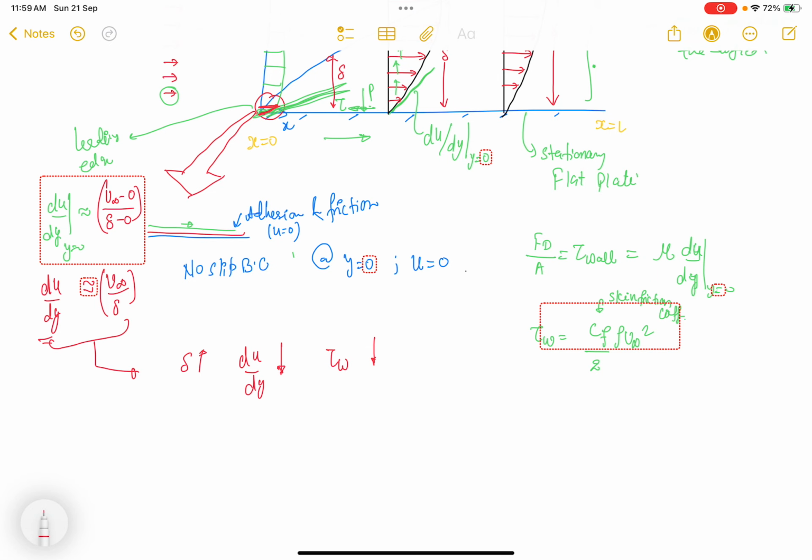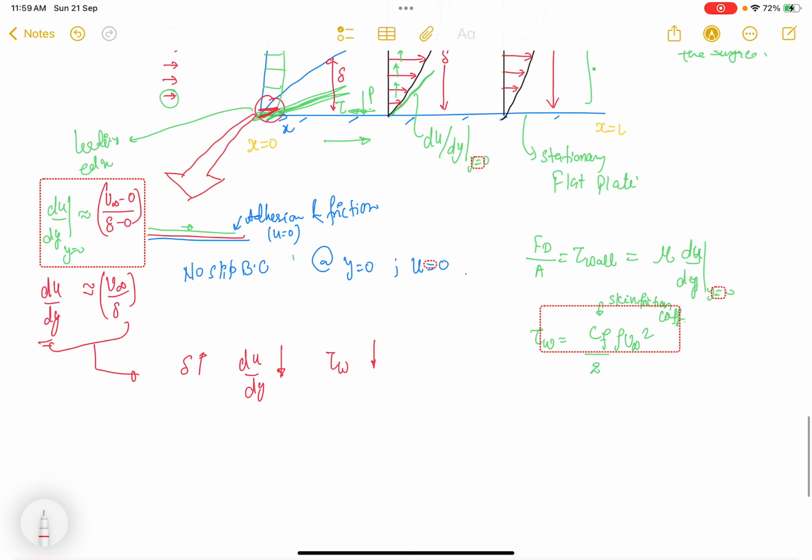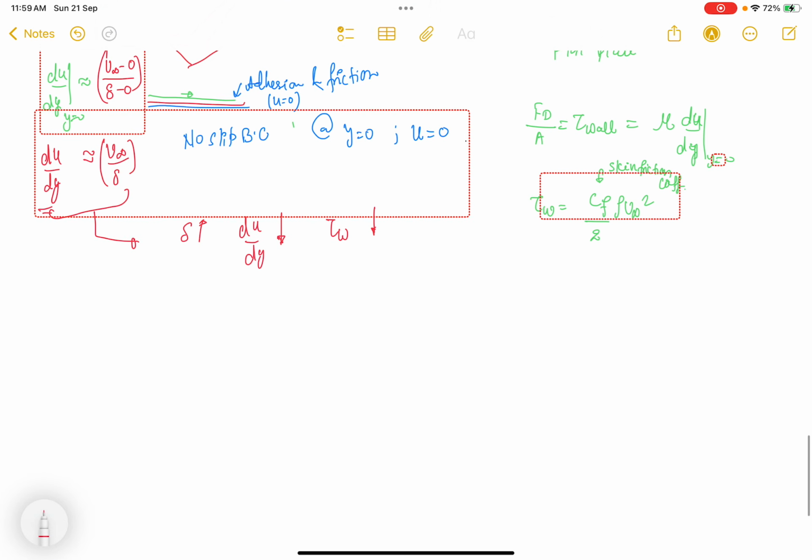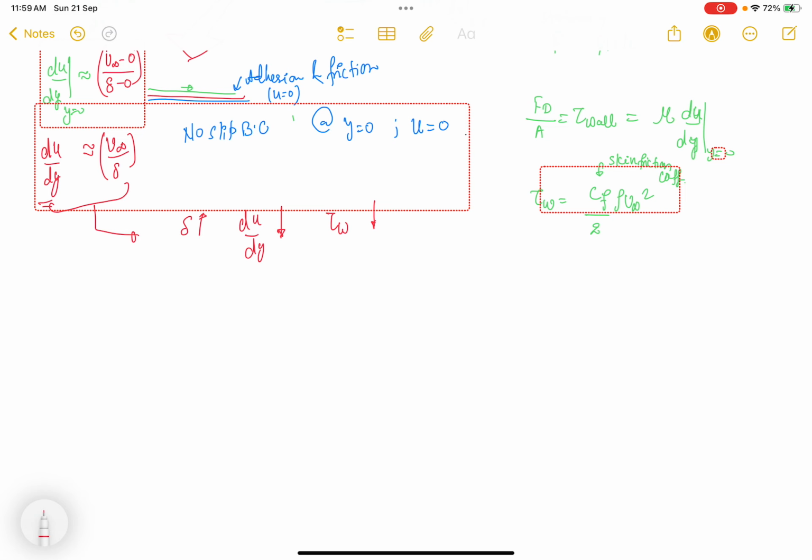The highest shear occurs at the leading edge of the plate. Moreover, if we increase the flow velocity, the velocity gradients are going to increase, right? So the drag force will also increase.